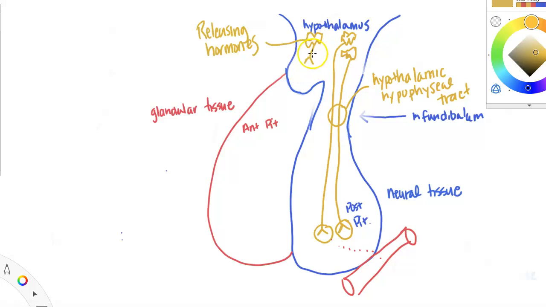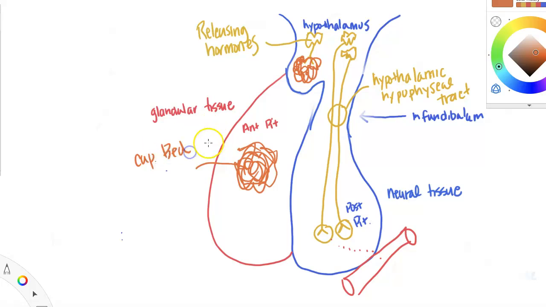And the releasing hormones are secreted into the blood. So in the hypothalamus, there is a capillary bed, and in the anterior pituitary, there is a capillary bed. We'll call this capillary bed 1 and this capillary bed 2. And they are linked together through blood vessels.